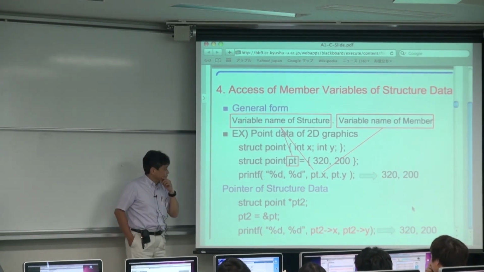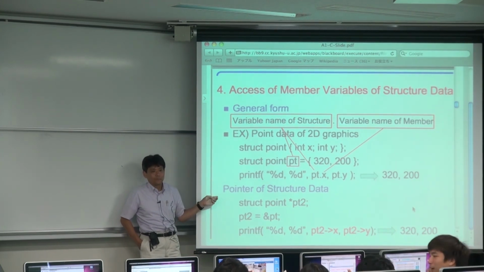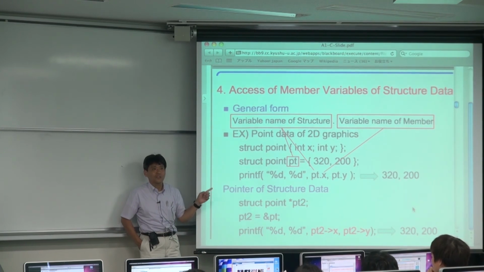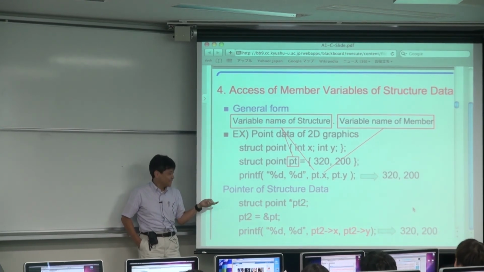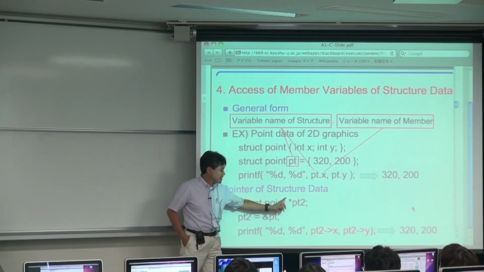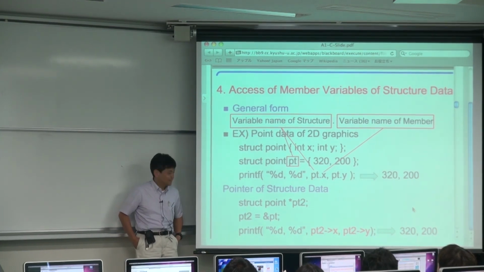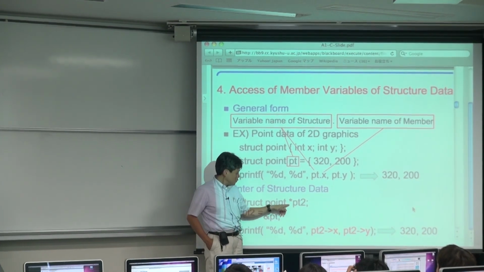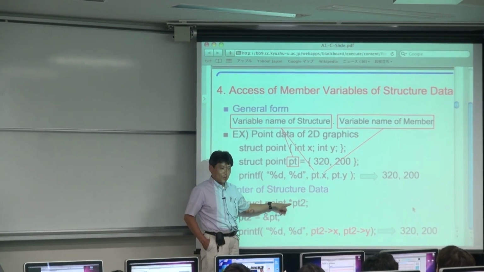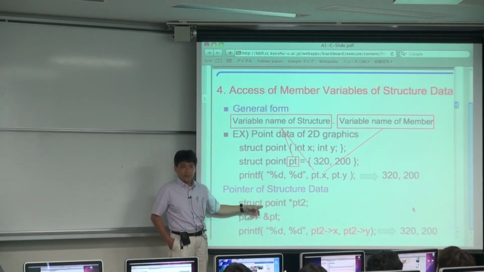Okay. And also you can use the pointer data type for structured data using the asterisk. I already explained the asterisk is used for the pointer data type. If you put the asterisk in front of the variable name, such a variable is treated as a pointer data type.